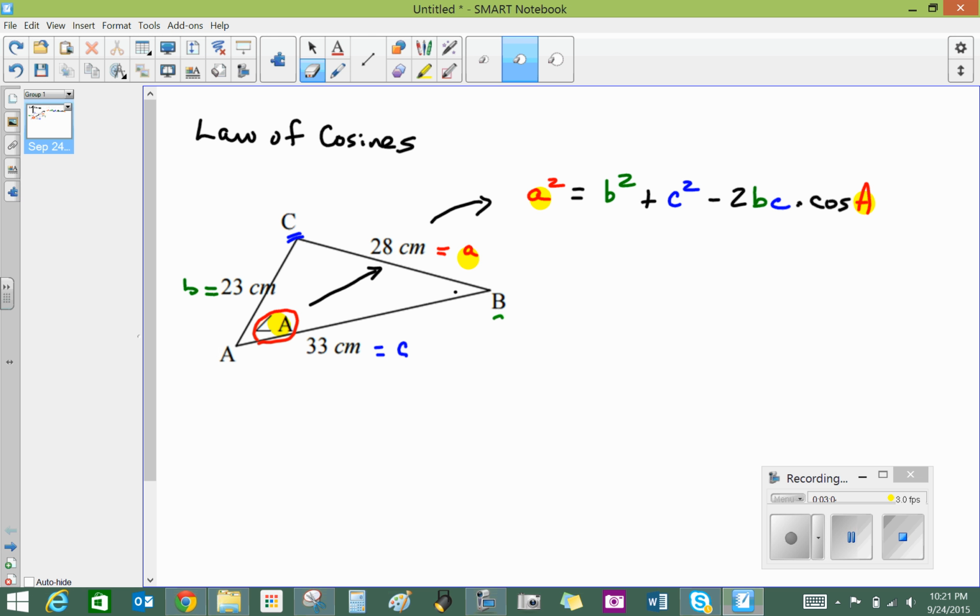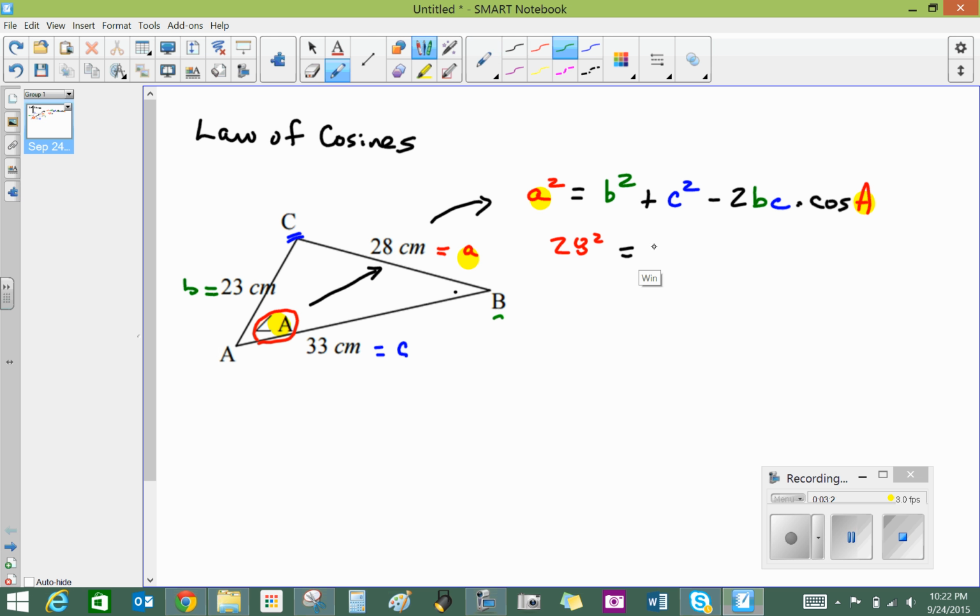So the idea is that to solve for A, we need to substitute in the values that we have. For side A, that's 28. So 28 squared is equal to B squared.